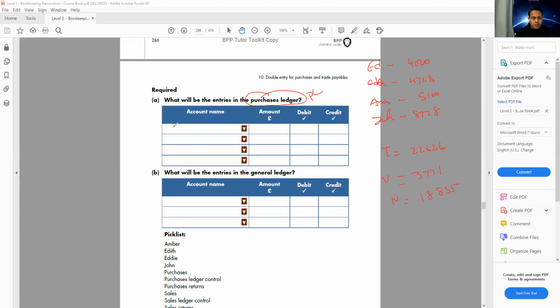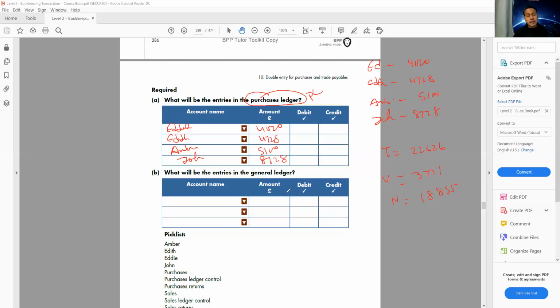So I'm going to write here ED, then Edith, then Amber, then John. I'm going to write the amounts 4020, 4728, 5100 and 8778. Now my question is, am I going to make them debit or credit?